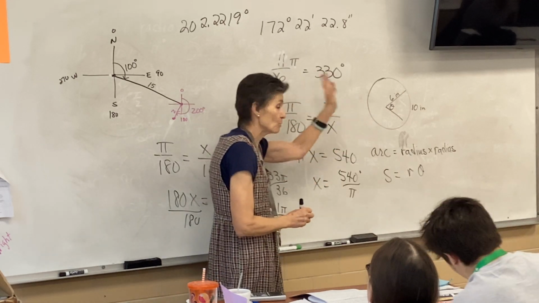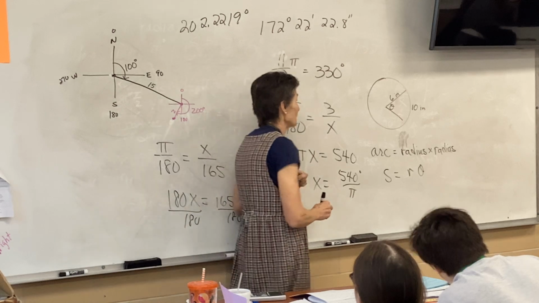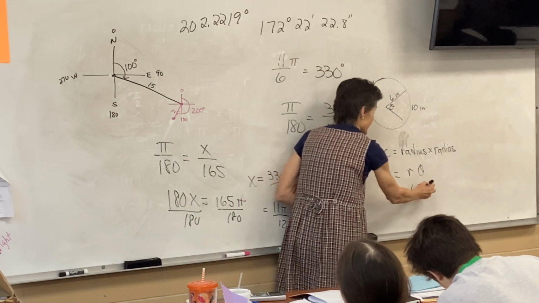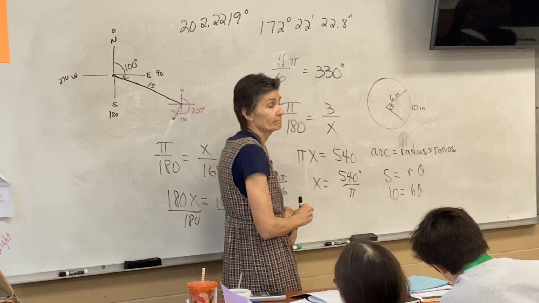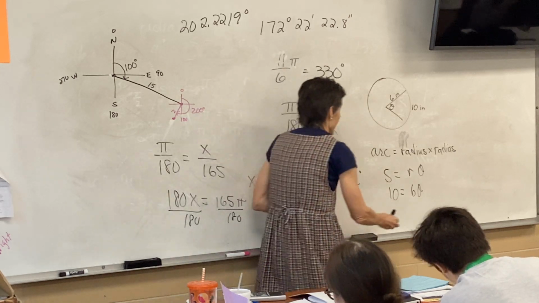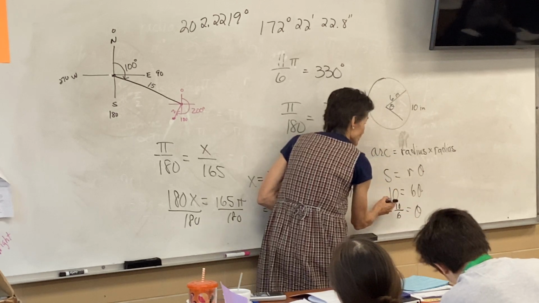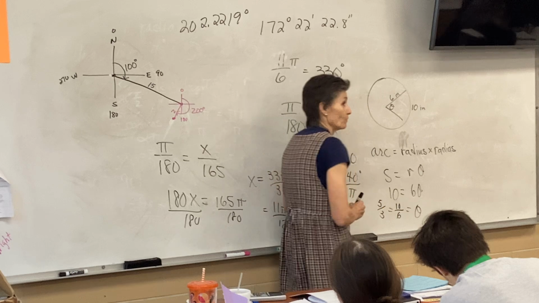Doesn't matter to me how you remember it, you gotta remember it. So 10 equals 6 theta, and theta equals 10 over 6, which reduces to 5 over 3.